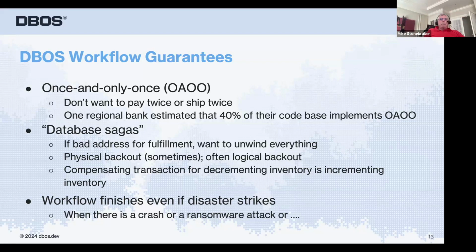So even if there's a crash or a ransomware attack, which is to say workflows are either done or they look like they never started. Everything is done once and only once, and we support compensations. Okay, we give you all of these guarantees for any workflow that you give us as long as you buy into our model. Next slide.